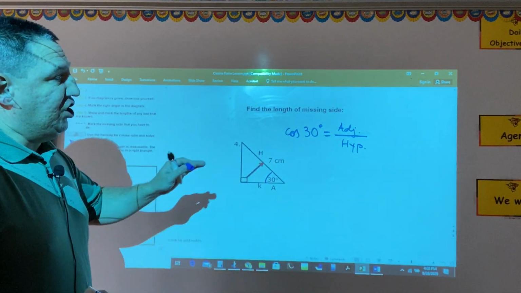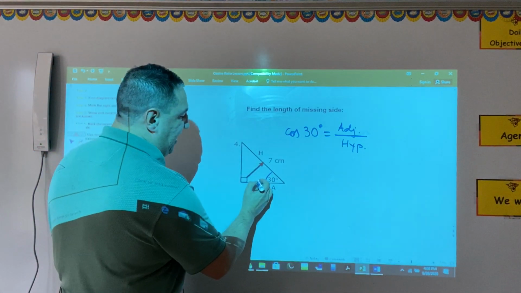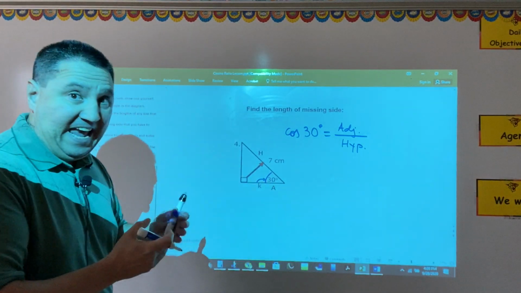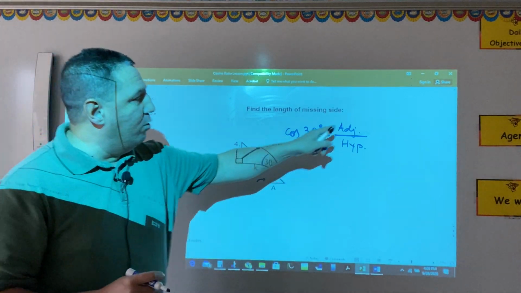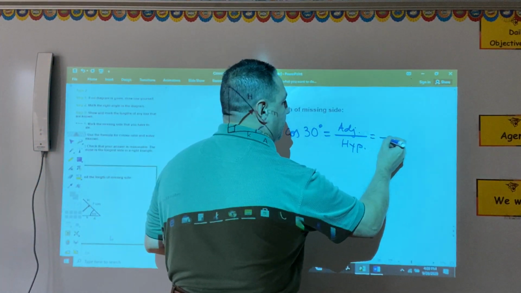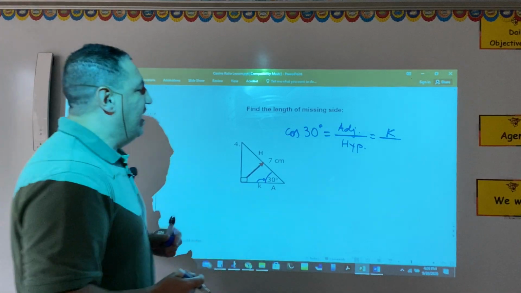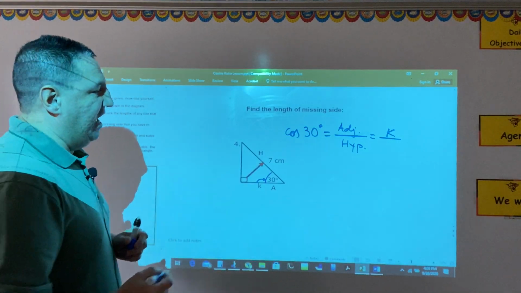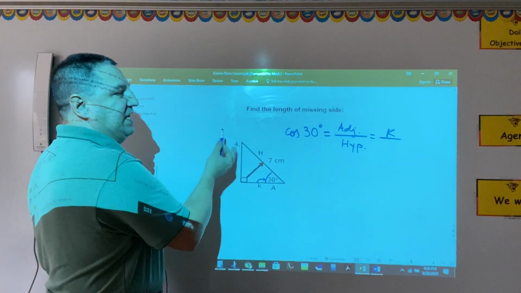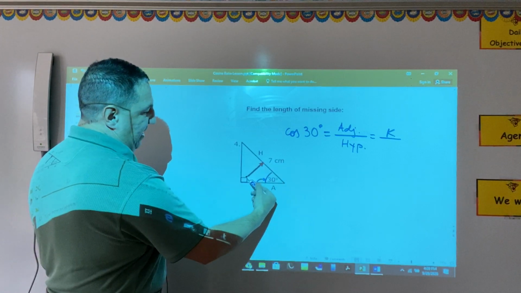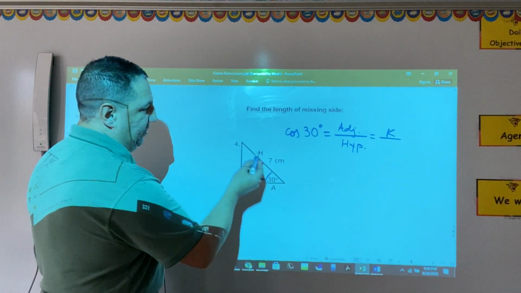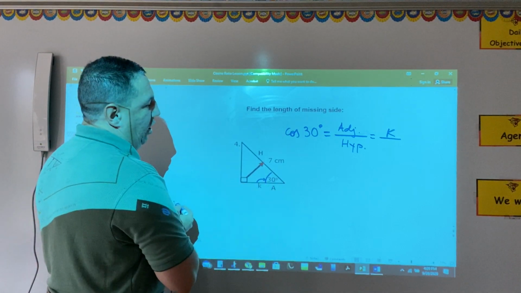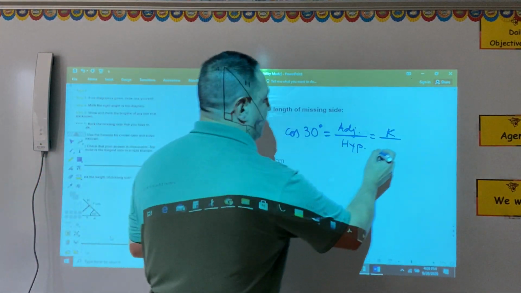Now, the adjacent side in this case is K. Why? Because K is next to angle 30. So K goes on top over hypotenuse. Hypotenuse is the longest side. We know it is across the right angle. So hypotenuse would be 7.